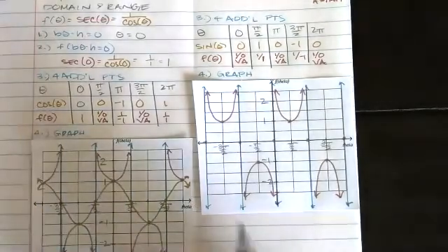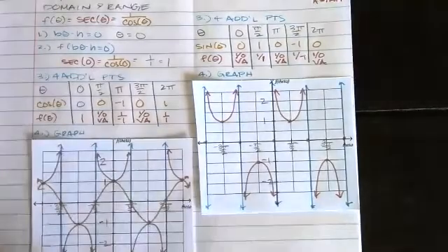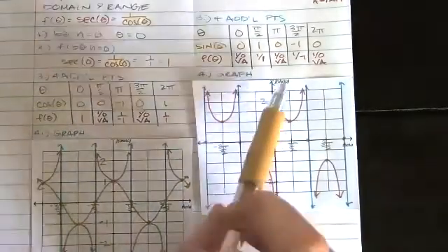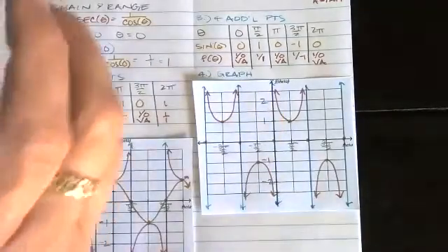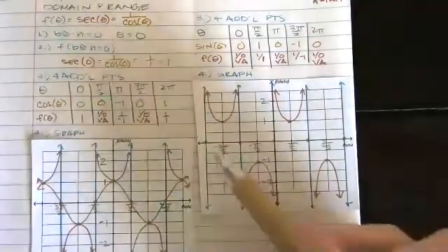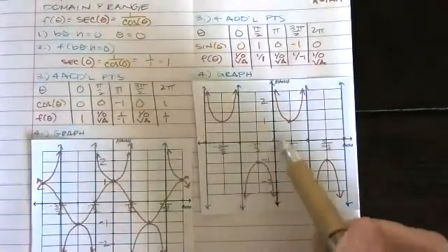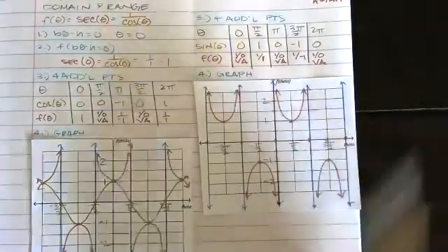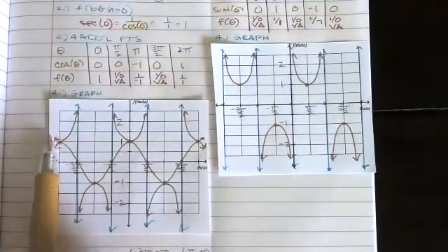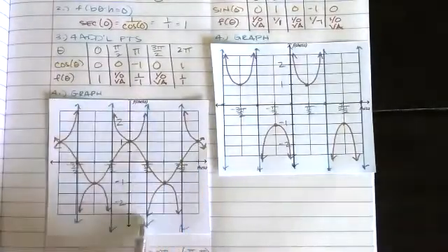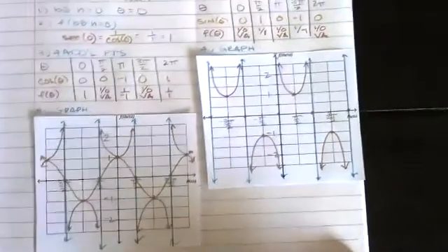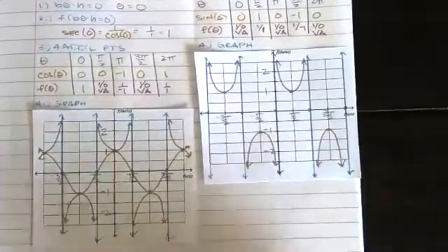So I wanted to make sure that you understand that the cosecant is just these branches, these staggered branches, some going up, some going down. And where it comes from is the sine wave that we haven't drawn in. Like over here, we drew in the cosine wave, but really the secant is just these branches going up and these branches going down. Okay, so we already know to draw the maximum. Right. Does that make sense?